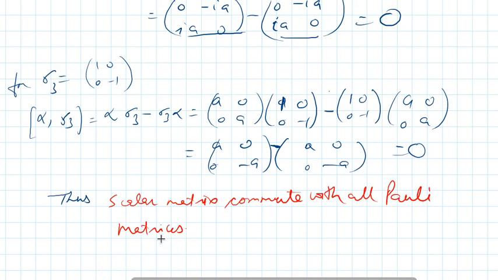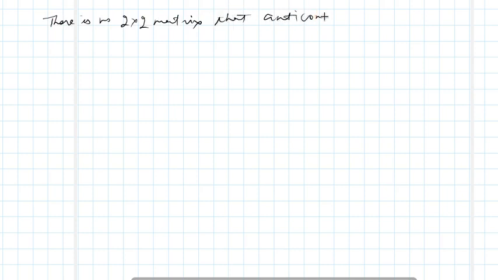Now I want to take the second part of this problem. In the second part, we want to show that there is no 2 by 2 matrix that anti-commutes with the Pauli matrices.